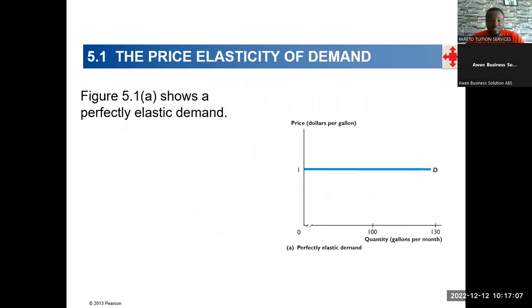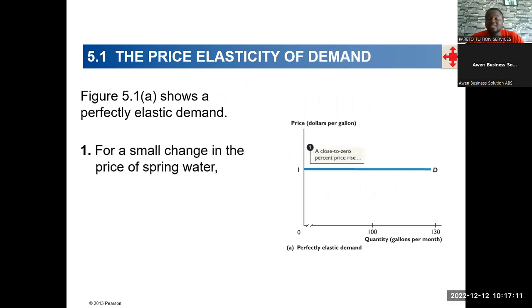Let's look at the graphical representations. This is the graph for a perfectly elastic demand. Even if price is fixed at this point, we can demand different quantities of this good. Demand can be here, it can go to 100 at the same price, it can even come to 110 at the same price.